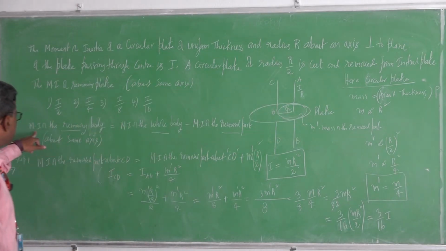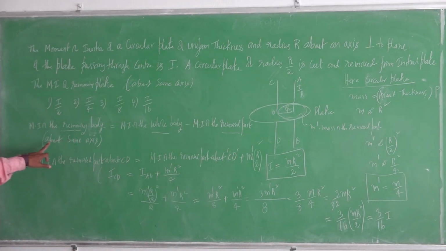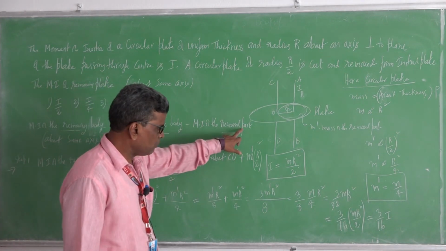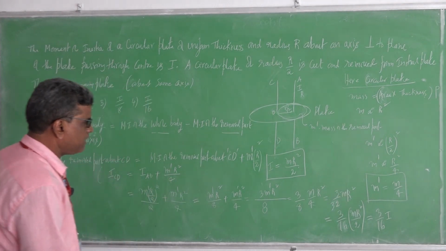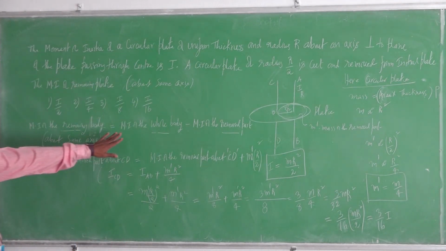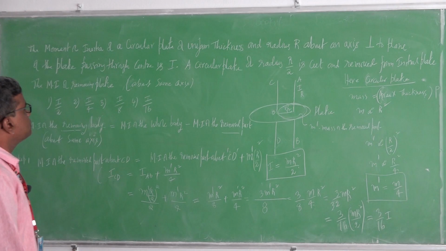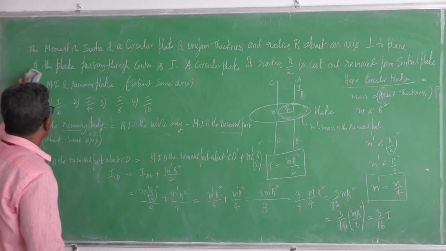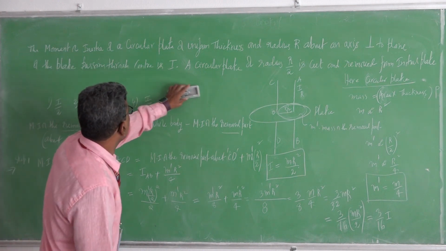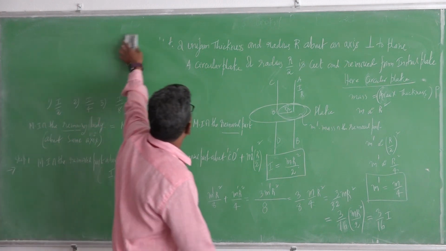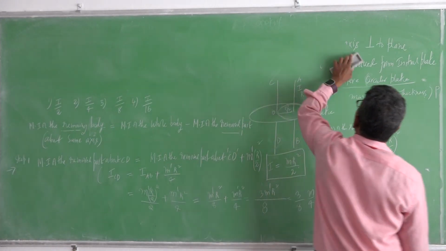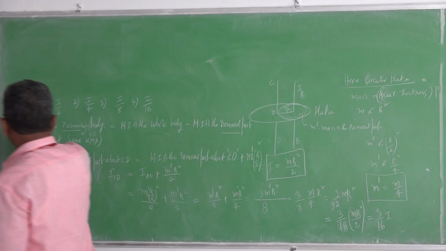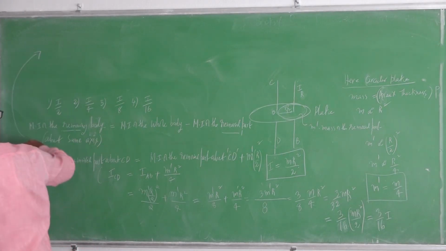Now I want the moment of inertia of the remaining body about the same axis: moment of inertia of the whole body minus moment of inertia of the removed part. Removed part is 3 by 16. So I will write this step here.